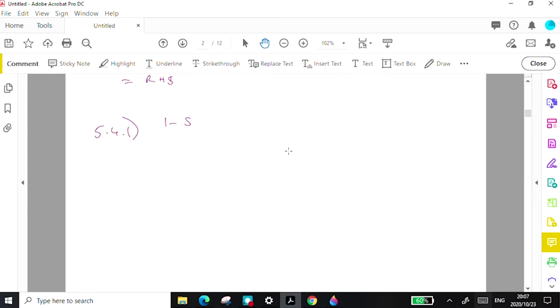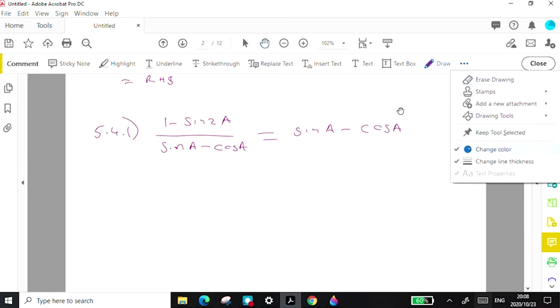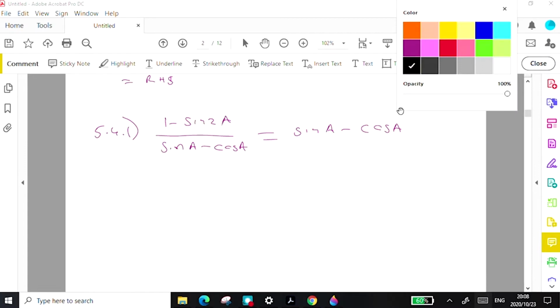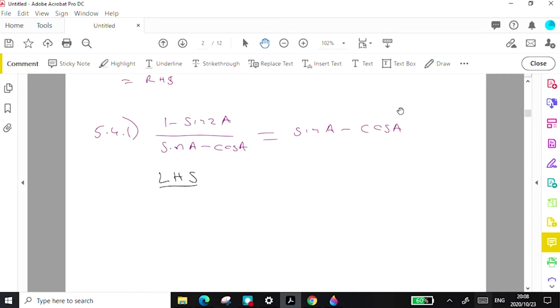We have 1 minus sine 2a divided by sine a minus cos a, and we want to show that this is equal to sine a minus cos a. So on the left hand side, we have 1 minus sine 2a divided by sine a minus cos a.